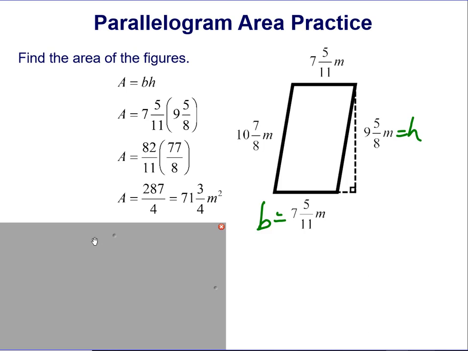Of course, we did have some cross simplification here. I can divide both by 11, and then here I can divide them both by 2, and I get 4 and 41. So it makes my calculations a little easier, and I end up with 71 3/4 meters squared.